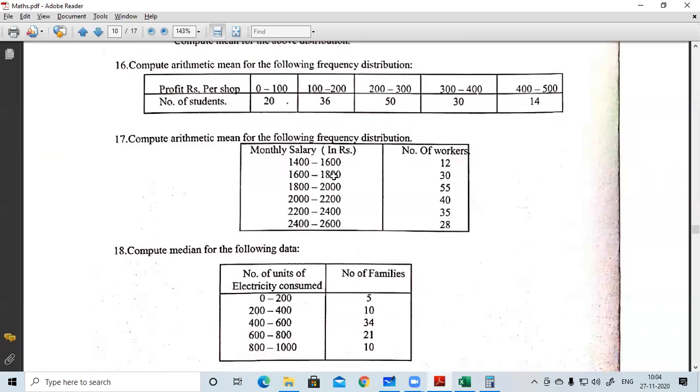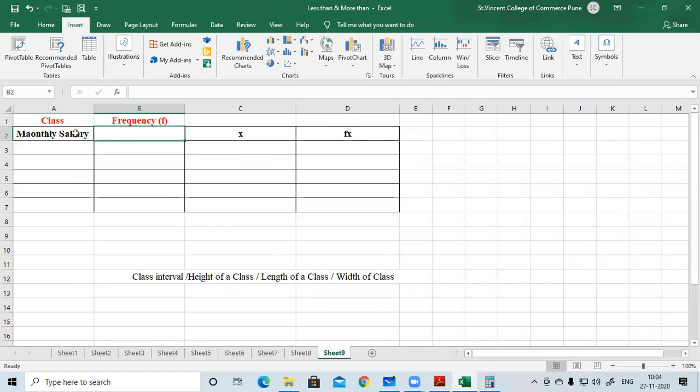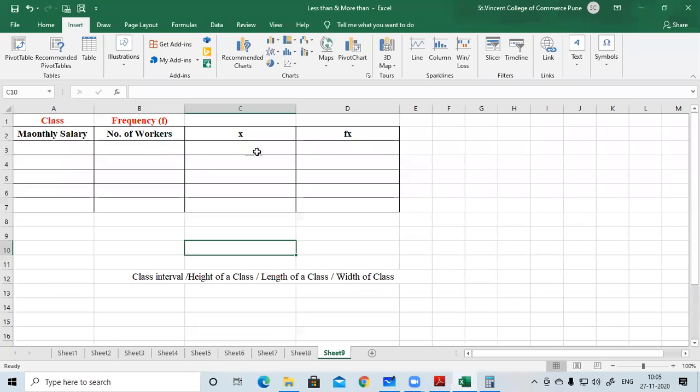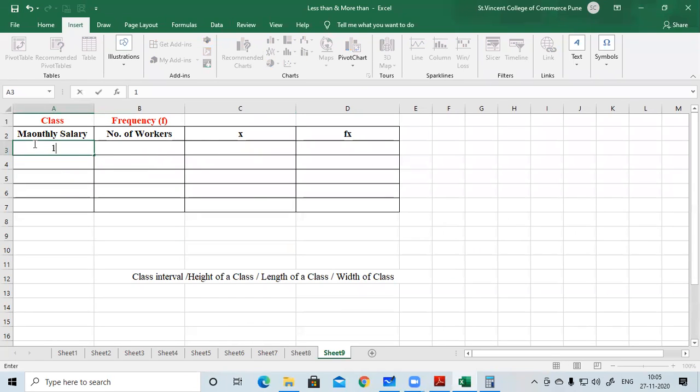And next we have the number of workers. See what is the classification given to us: 1400 to 1600, 1600 to 1800, and 1800 to 2000. So it's in the class interval of 200.